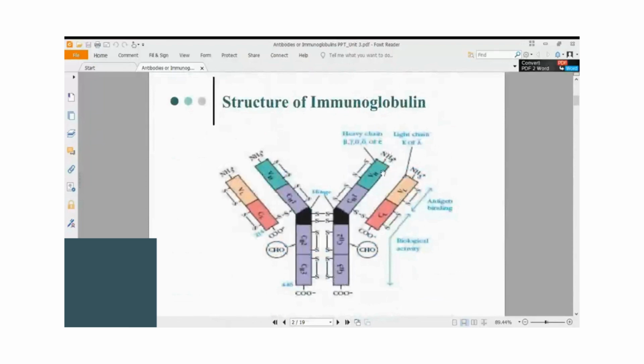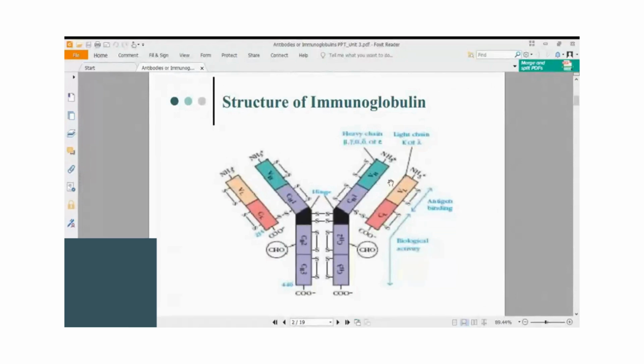Fine. Then the variable region domain present in the antibody will have three very important zones, three hypervariable regions. Those are very important for the antibody's specificity. Those hypervariable regions are called complementarity determining regions, CDRs. Now let us say a particular B lymphocyte recognizes more than 5 antigenic epitopes.